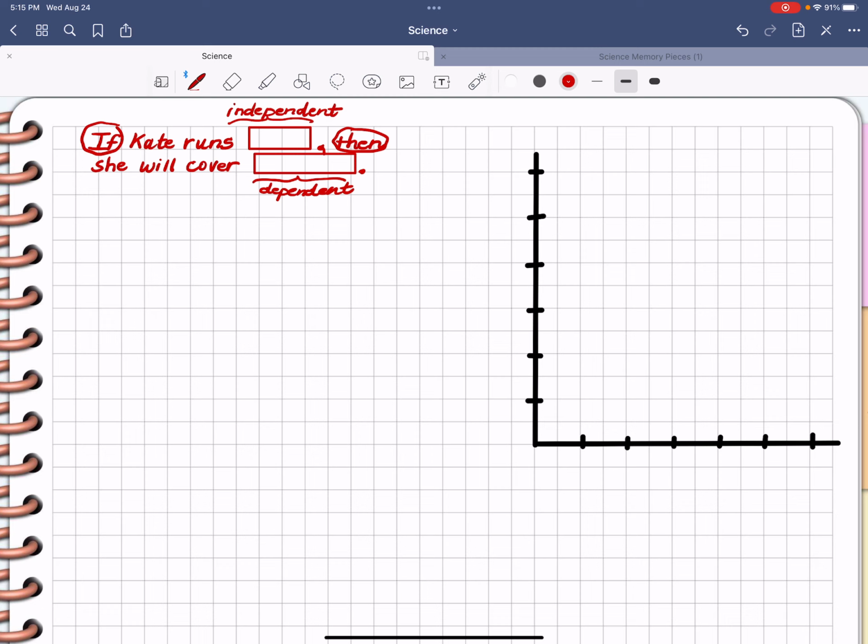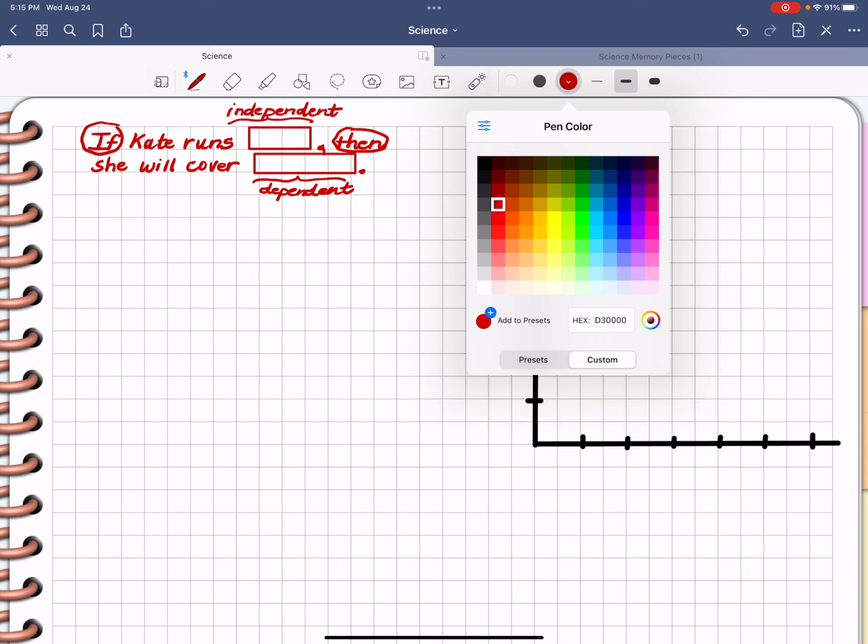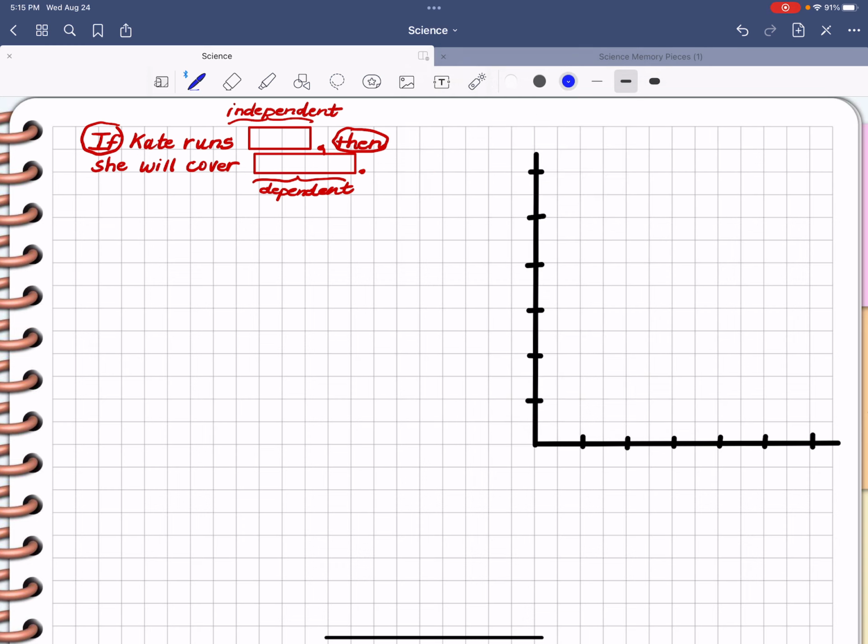Okay, so let's plug in some variables here. If Kate runs 1 hour, that's my independent, my x value, then she will cover, about messed up, 6 miles.